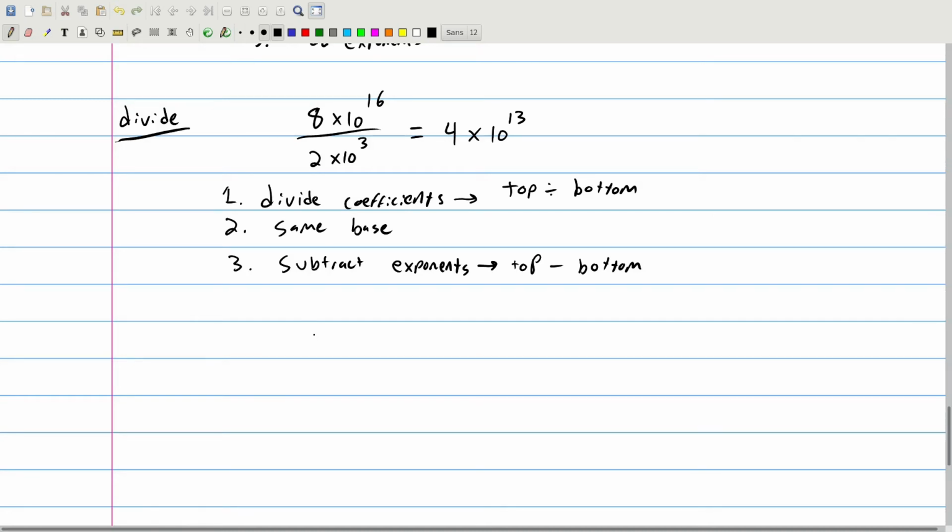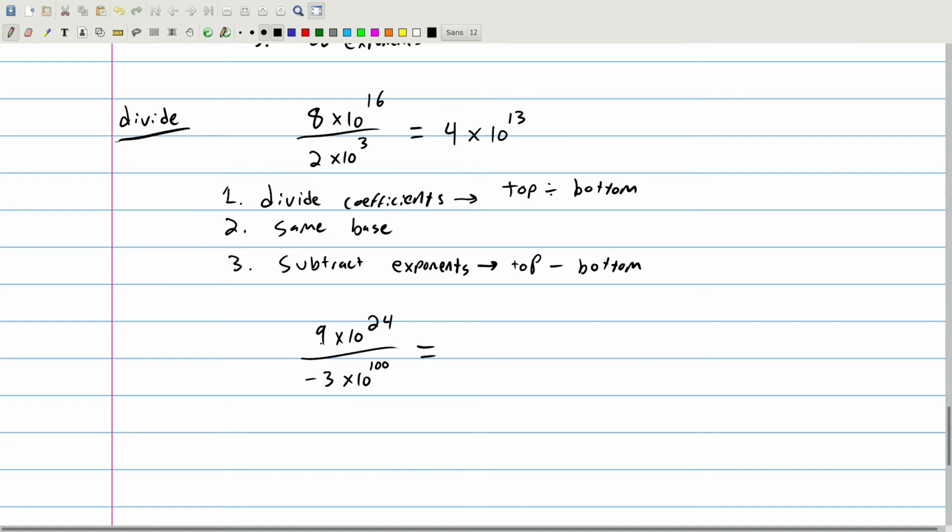Let's take 9 times 10 to the 24 divided by negative 3 times 10 to the, how about 100? Let's see.